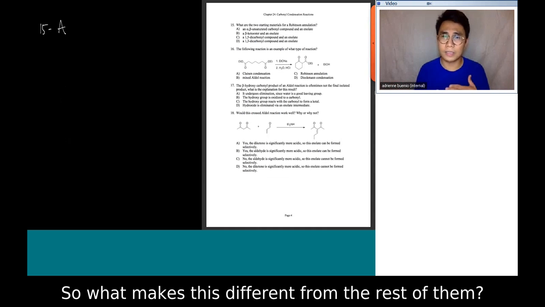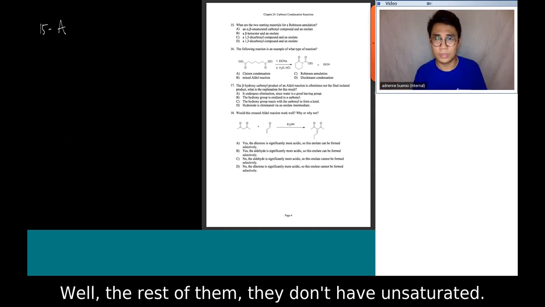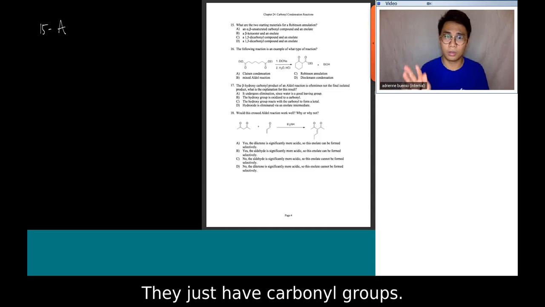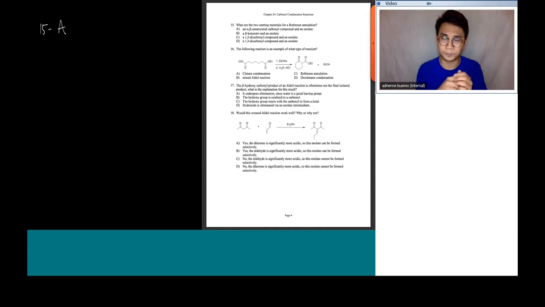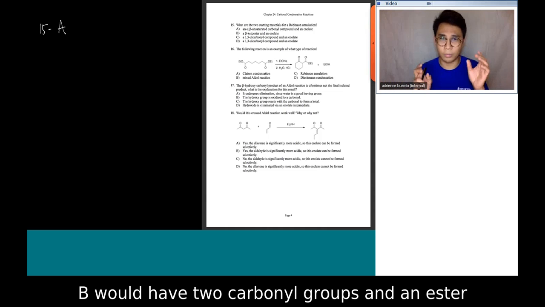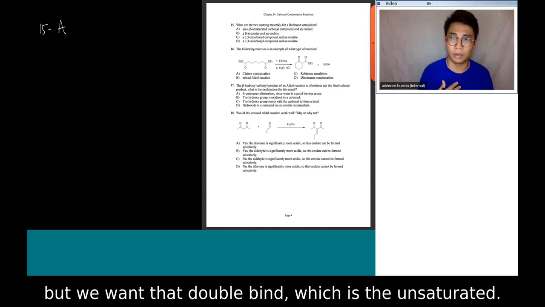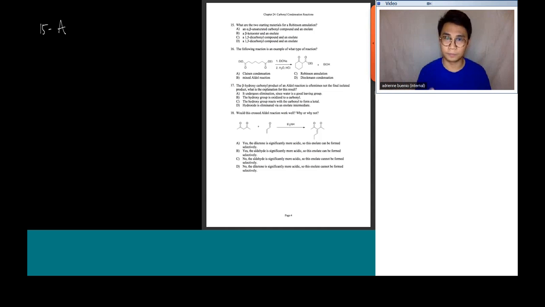So what makes this different from the rest of them? Well, the rest of them don't have that double bond. They just have carbonyl groups. B would have two carbonyl groups and an ester, or an extra oxygen. C and D have dicarbonyls again, but we want that double bond, which is unsaturated.